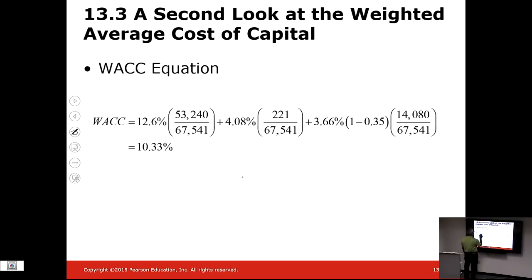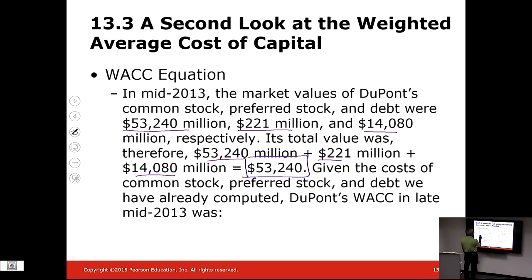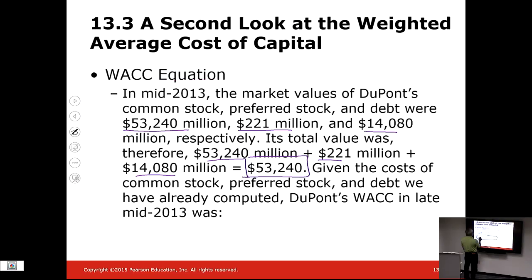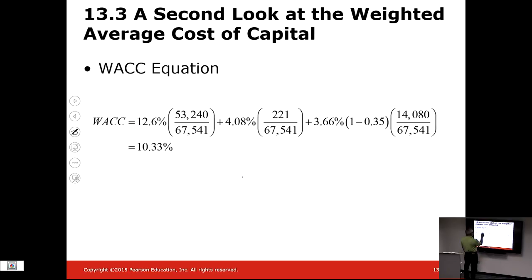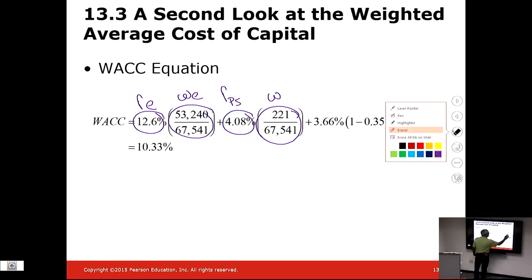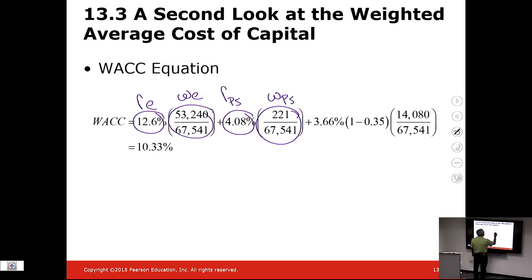So 12.6 is the cost of equity, RE. This is the weight of equity. Here is the cost of preferred, and here is the weight of preferred.